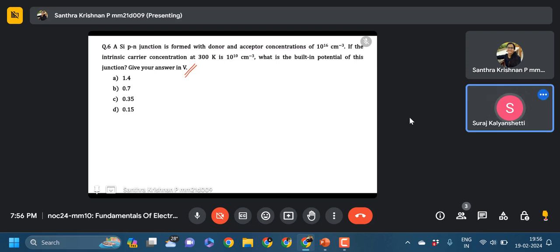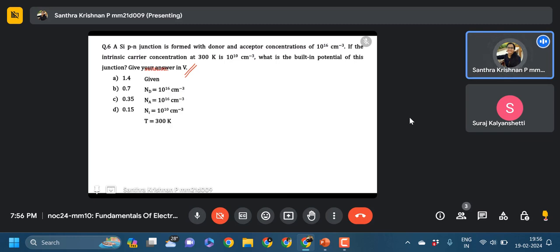I think something is wrong. It's not there in the options, right? Where have you gone wrong?